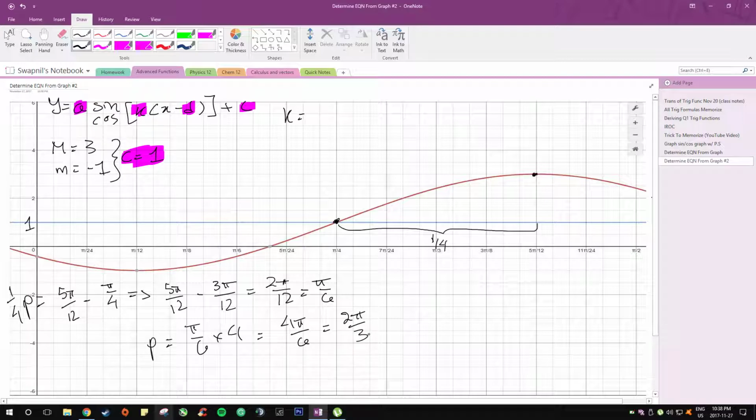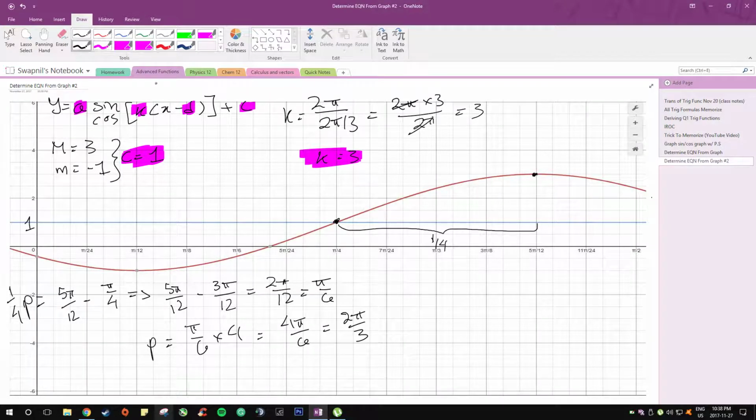So then we can put it into here: 2 pi over 2 pi over 3. That gives us 2 pi times 3 over 2 pi. And obviously these cancel out, and you get 3. So k is 3 then.